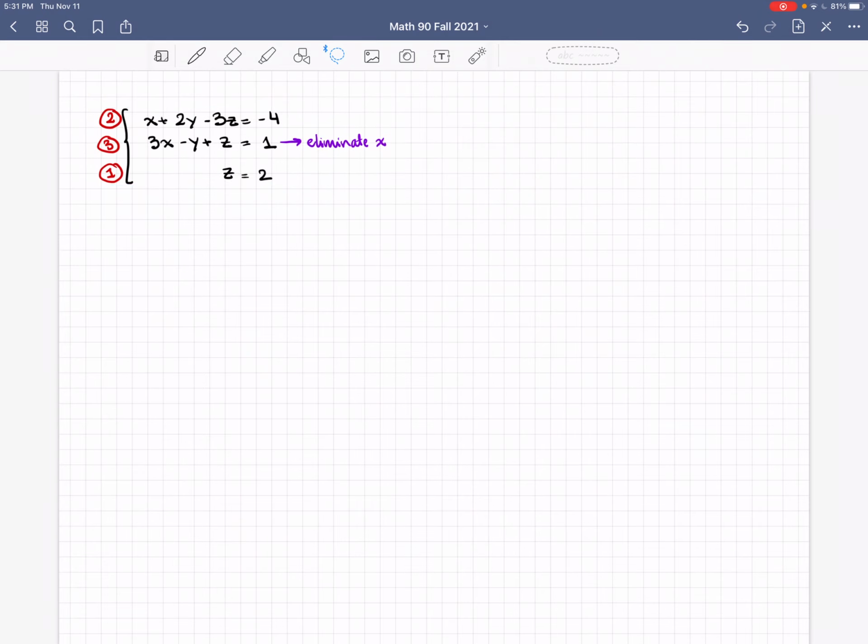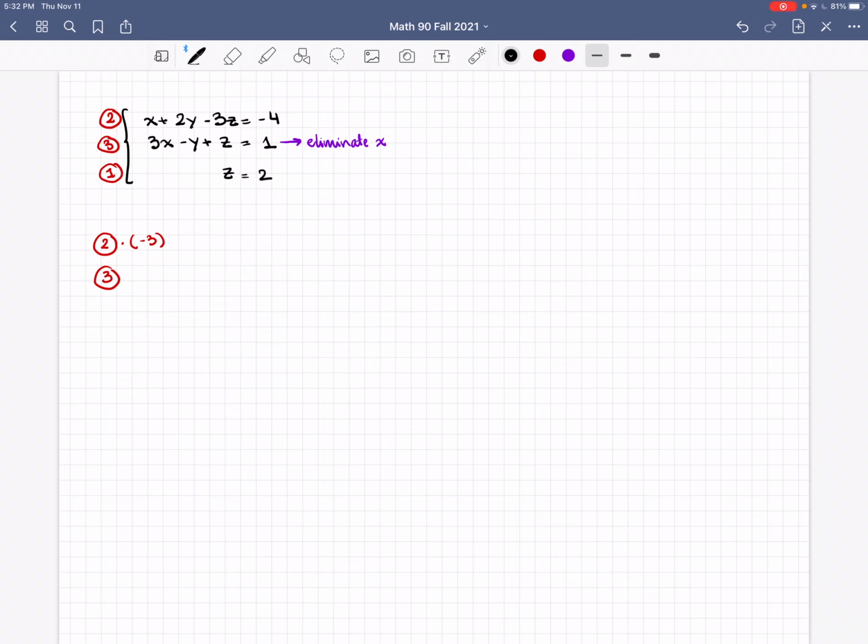Since I'm aiming to eliminate x from this middle equation, I'm going to take my top equation, which is my second equation, multiply it by -3, and add that to the middle equation, which is my original third.